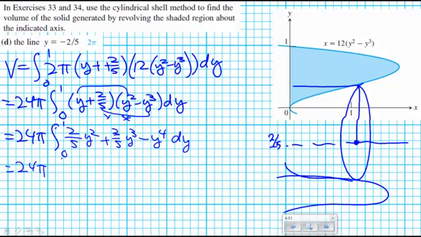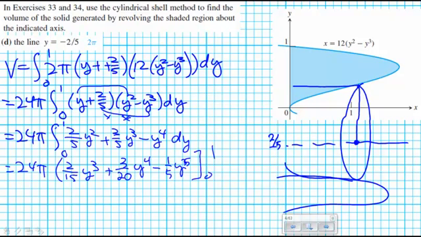24 pi times 2 over 15 y cubed plus 3 over 20 y to the 4th minus 1/5 y to the 5th, evaluated from 0 to 1.